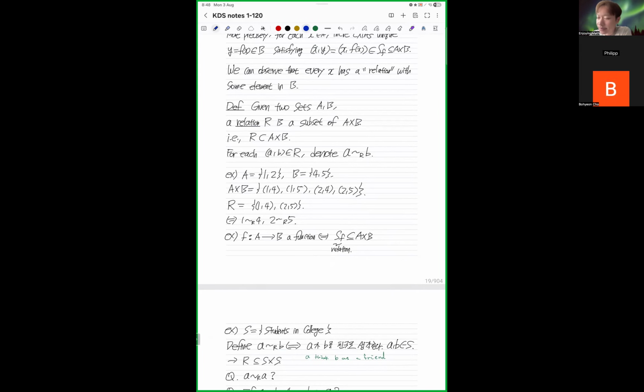So does this set R need to have at least one element, or is it also valid if it's empty?